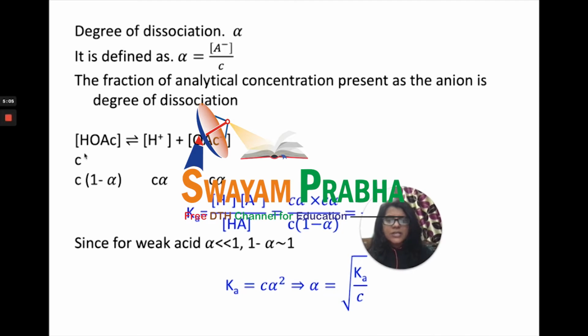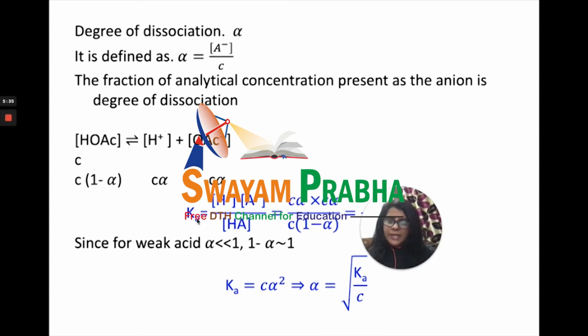If the initial concentration of the acetic acid is C, you already remember this from your ionic equilibria done before, that if C was the initial concentration and alpha is the degree of dissociation, then at equilibrium the concentrations are C into 1 minus alpha for the undissociated, C alpha for the dissociated ions, right?